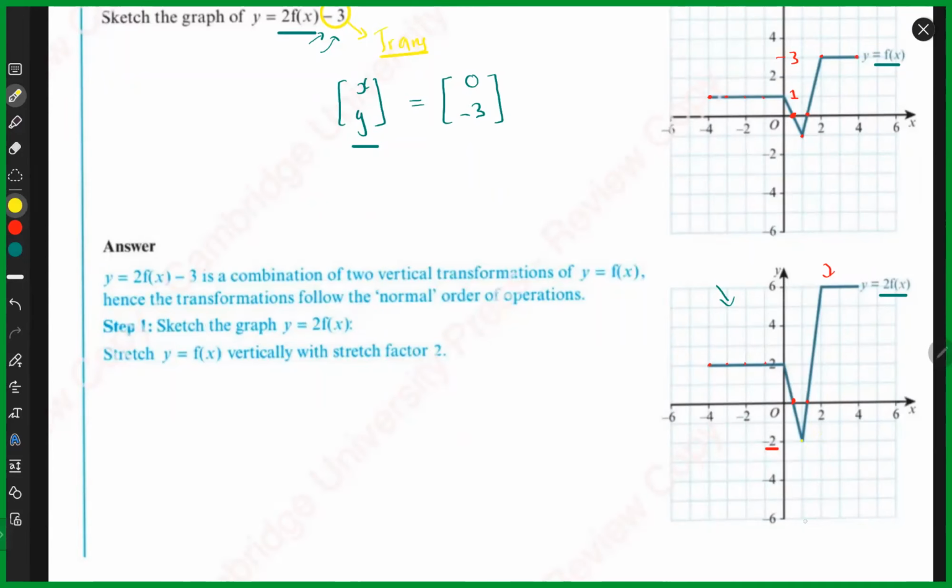So this point would come over here at -6. And this point, for now it's at 2, this would come at -1 right here. So it would be this one. And then this point right here is at 6, this would come at 3.